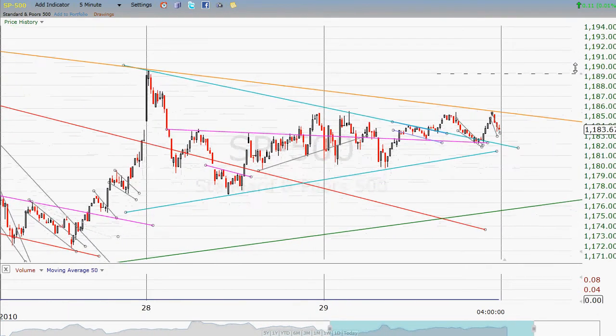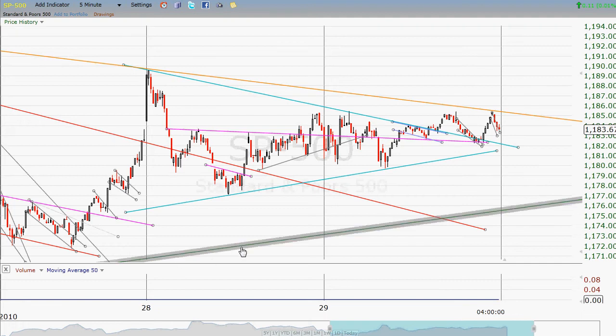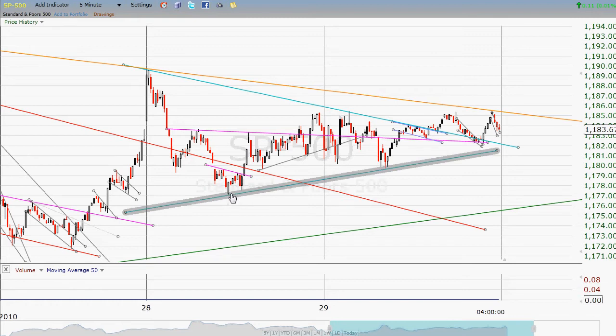What I think we have developing here for the past 2 days is a symmetrical triangle. We only had 2 touches on the bottom, unless you want to count this. And we had 1, 2, 3 touches on the top. A breakout that I issued an alert on this afternoon.